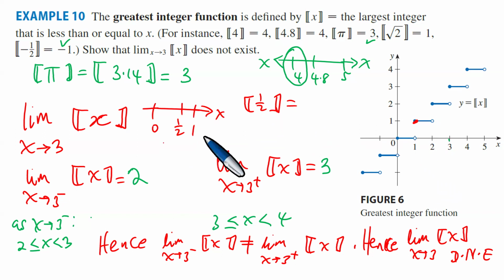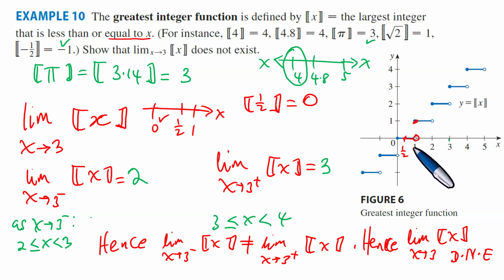Now you must draw a number line and look at the largest integer that is less than or equal to x. What is the integer that is smaller than 1/2? It is 0, because the integer is 0 there. So whenever x is 1/2 here, the function is also 0. It is indeed here, but obviously it is open there.